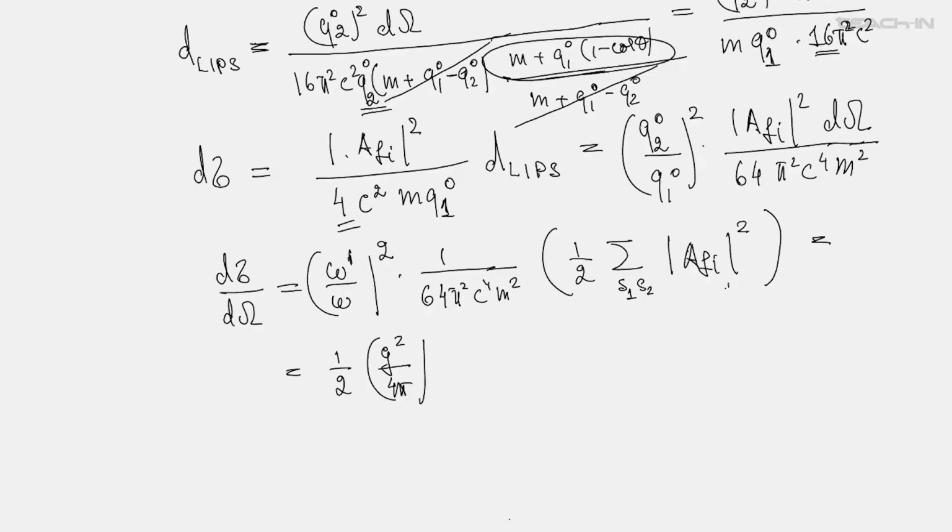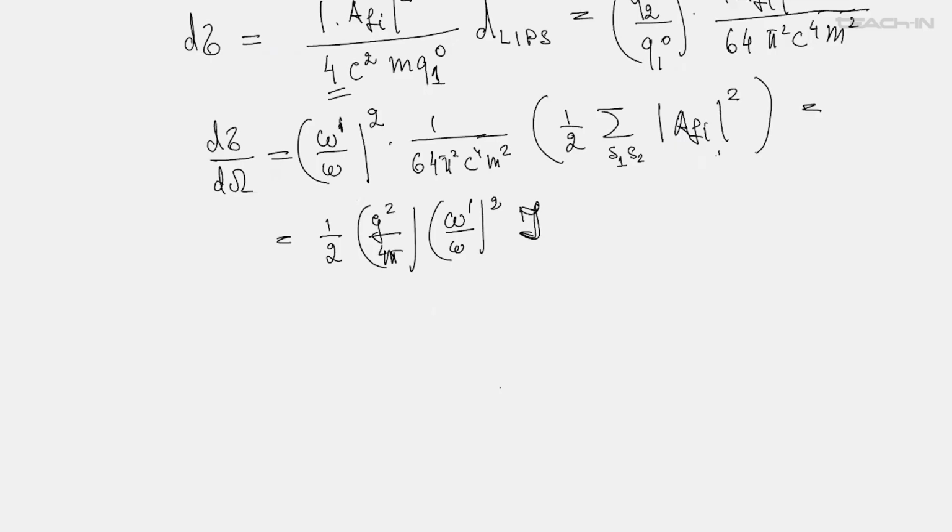I doubt it a little bit. It's probably there is no square. G squared over 4 pi, and then there is omega prime over omega squared, and then there is an expression J, where J encodes all the remaining information on photon polarizations.